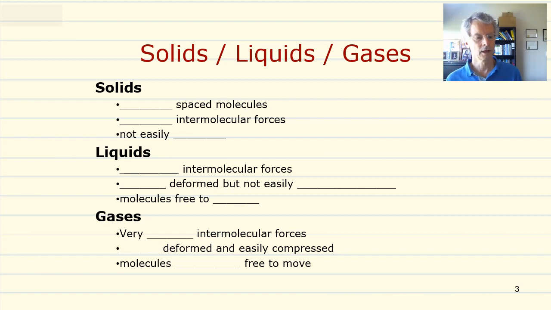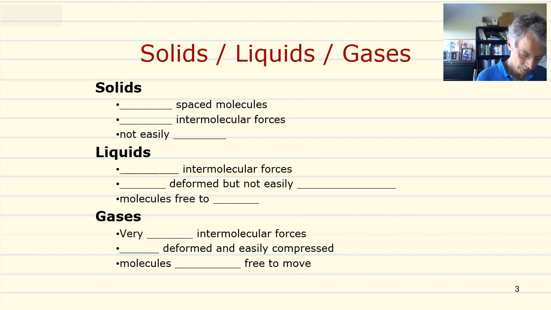So, solids, liquids, and gases. And of course, this is material you would have discussed in physics and chemistry a long time ago, but it's useful to remind ourselves of the differences here. Solids, of course, have densely spaced molecules, and they have large intermolecular forces, and they are not easily deformed. Okay?